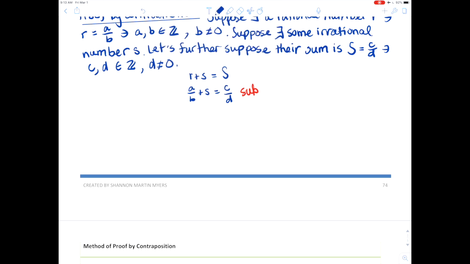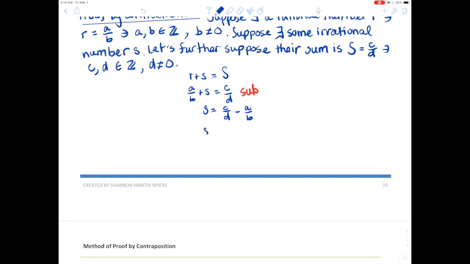And then continuing, we want to isolate s, right? Because the contradiction will be that s ends up being something that is a rational number, but s was given as irrational in the premise. So, isolating s, we have C over D minus A over B.